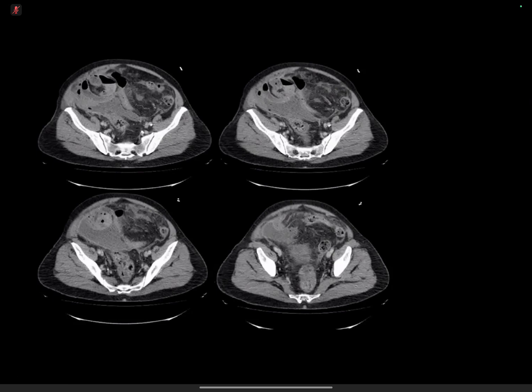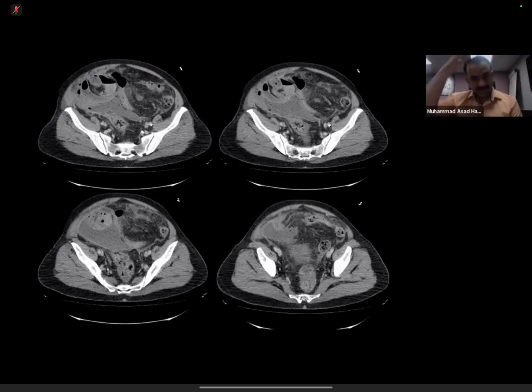I'm not aware of any guidelines as such, but this is quite a large collection, and surgeons sometimes try to treat conservatively before the patient is septic, and they normally ask interventional radiologists to drain if they are drainable. Especially the one in the right flank seems to be quite accessible through CT guidance.